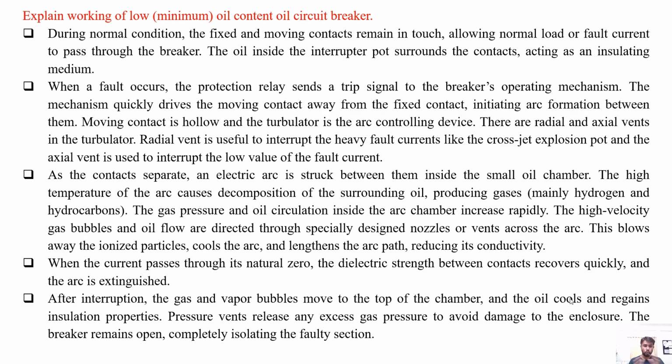The breaker remains open, completely isolating the faulty part from the healthy one, and it remains in the open condition until it is closed manually or automatically by the operator. So this is the simplest type of working of a minimum oil content circuit breaker.